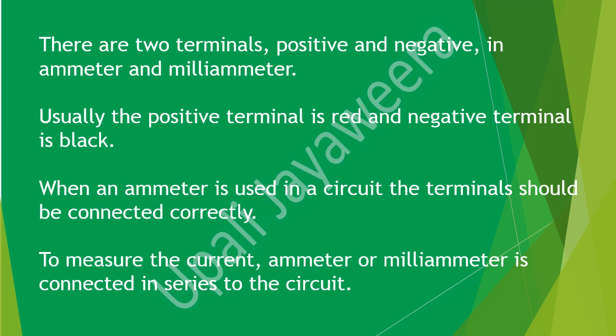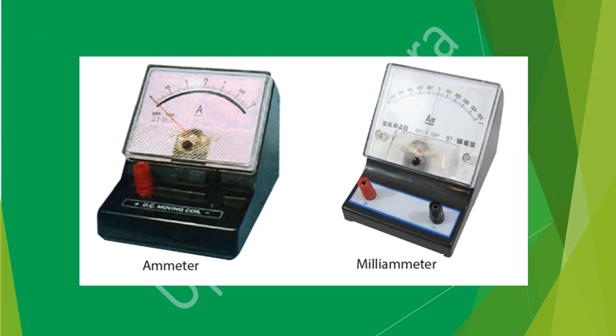Usually, the positive terminal is red and the negative terminal is black. When an ammeter is used in a circuit, the terminals should be connected correctly. To measure the current, an ammeter or milliammeter is connected in series to the circuit. In the ammeter, the scale is marked in amperes. In the milliammeter, the scale is marked in milliamperes.